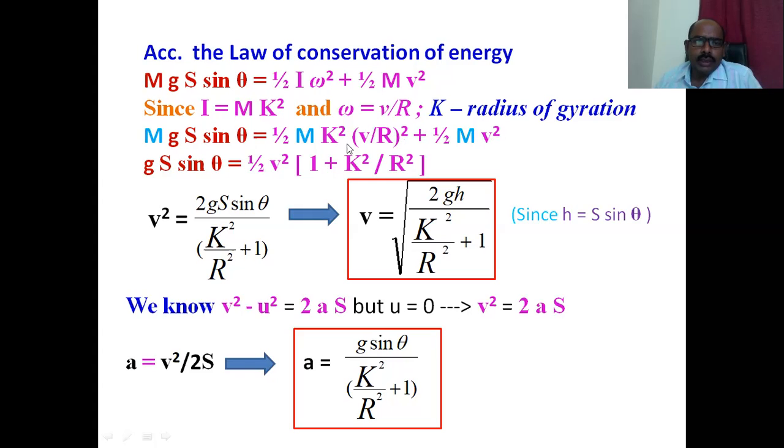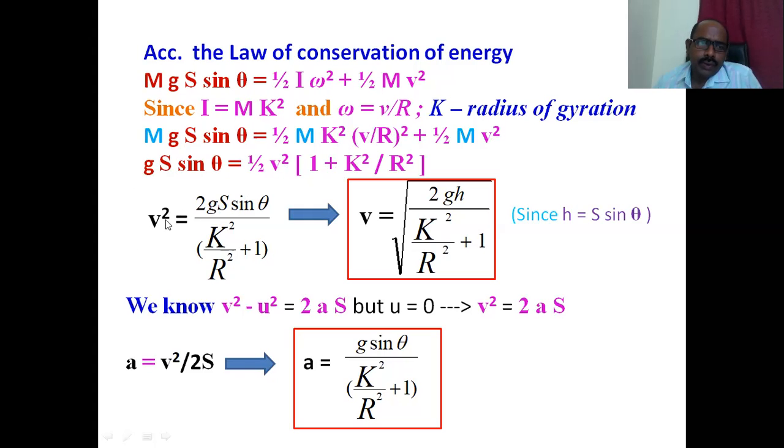From these terms, m is common, therefore m is cancelled, and gs sin theta is equal to half v square times 1 plus k square by r square. We are interested in the value of v.